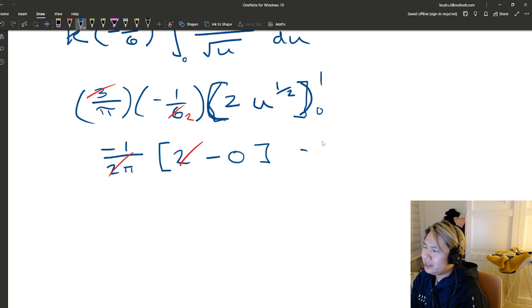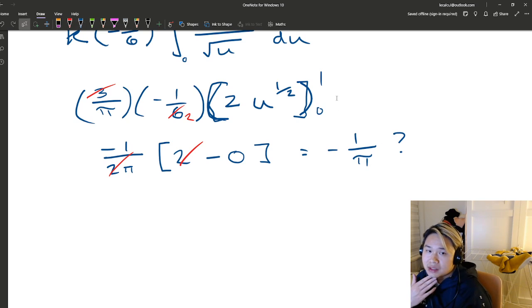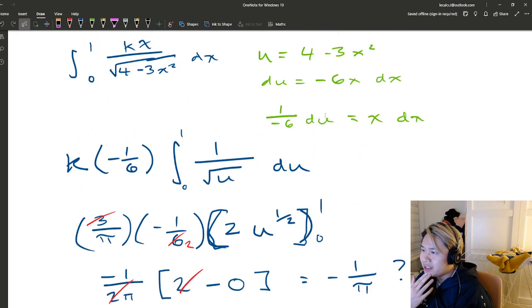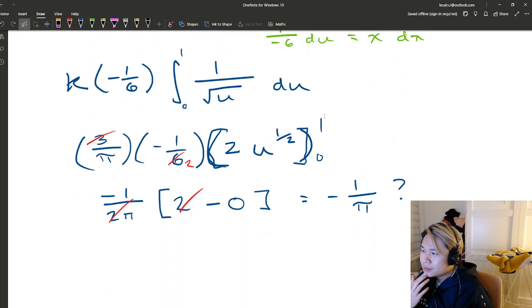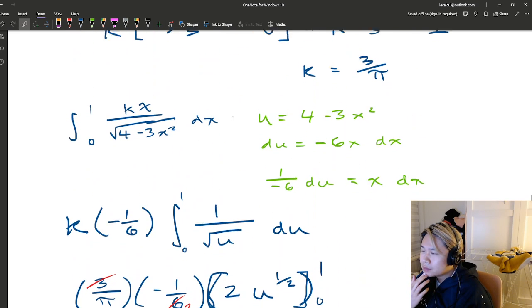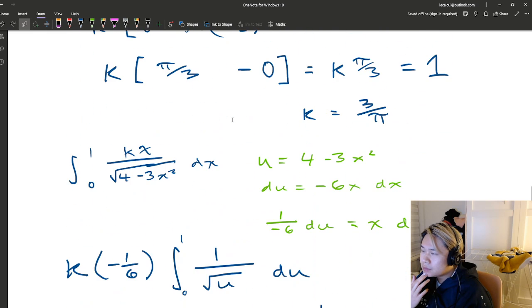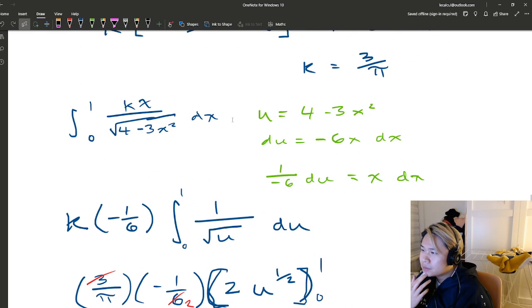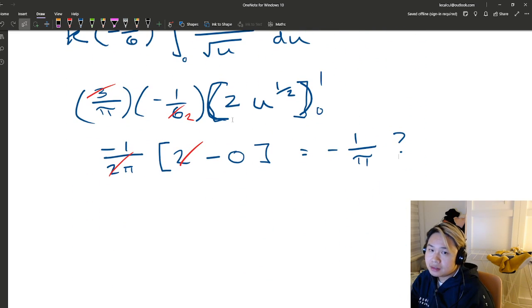So my expected value is negative 1 over pi. It's kind of weird that you have a negative expected value. But whatever. Who am I to judge?